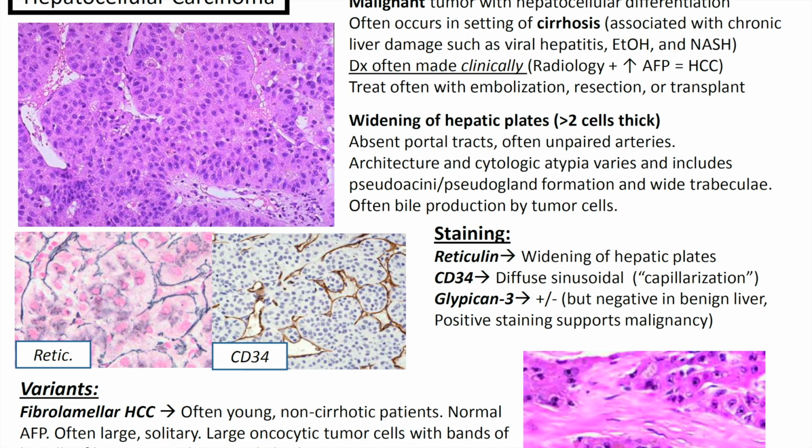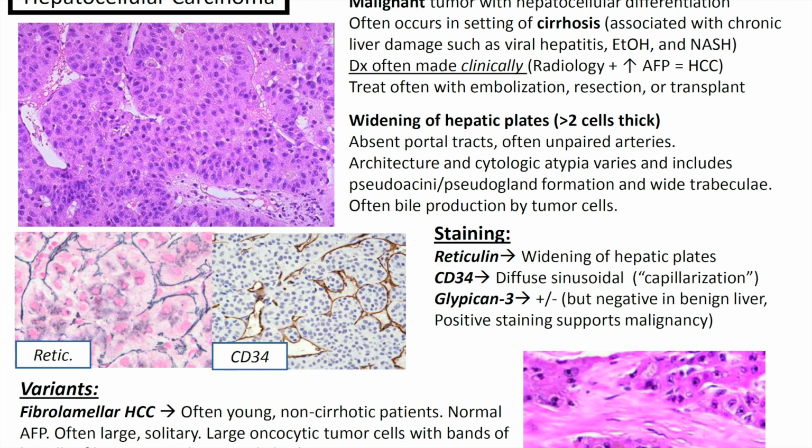Hopefully not, but it is more likely if the liver is already damaged from other sources. It's associated with chronic liver damage, such as viral hepatitis, alcohol, and NASH, or non-alcoholic steatohepatitis.